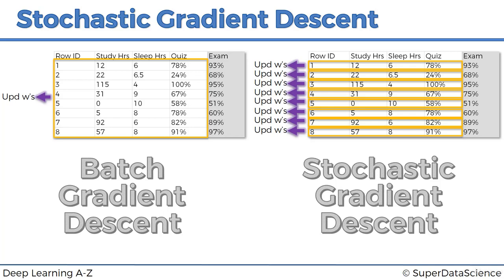The main pro for the batch gradient descent method is that it is a deterministic algorithm, rather than stochastic gradient descent being a stochastic algorithm, meaning it's random. With the batch gradient descent method, as long as you have the same starting weights for your neural network, every time you run it you will get the same iterations, the same results for the way your weights are being updated.